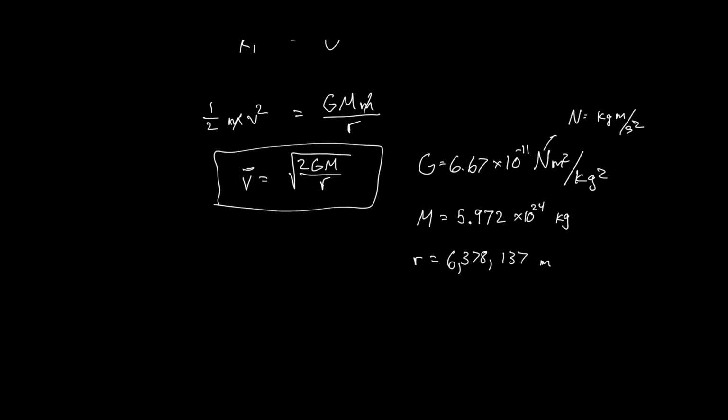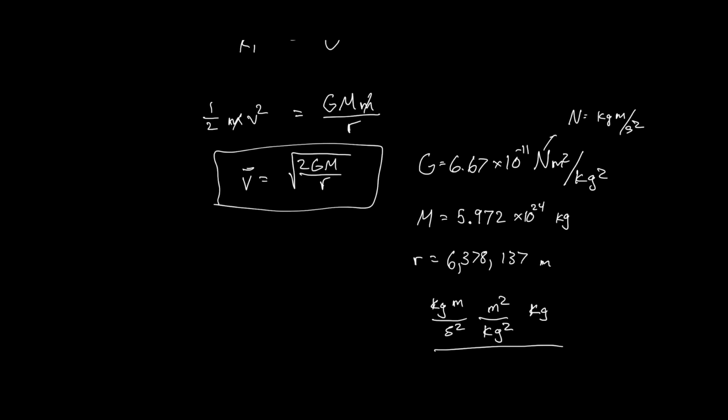Okay, so to make sure that you did everything right, what I like to do is always just look at the units, right? So you have kilogram meters over second squared, times meters squared over kilogram squared. That's G. Then we have M, which is a kilogram up here. Now our R is meters. So there's a whole bunch, but at the end we should have meters per second.